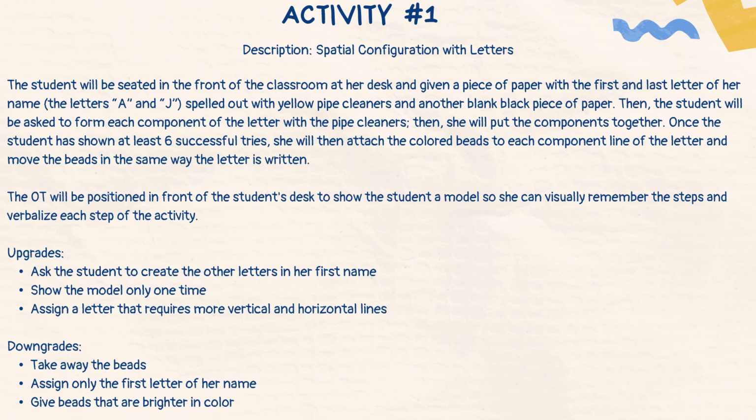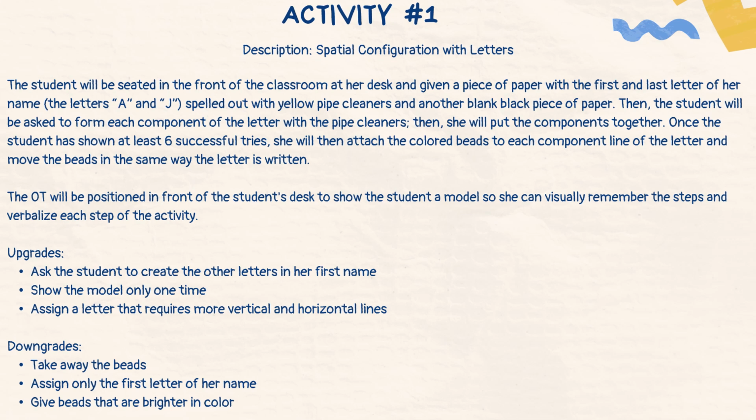So the yellow pipe cleaners, that's purposeful. You want to give someone with CVI those bright colors because you want to set her up to succeed when doing activities like this.